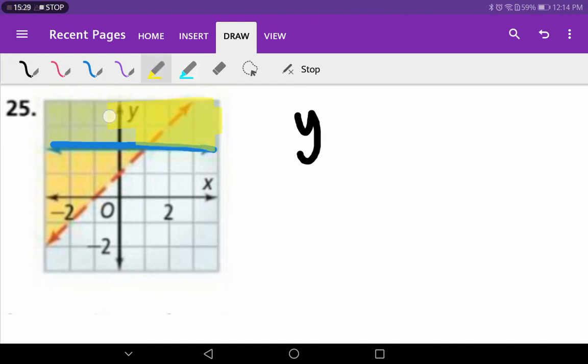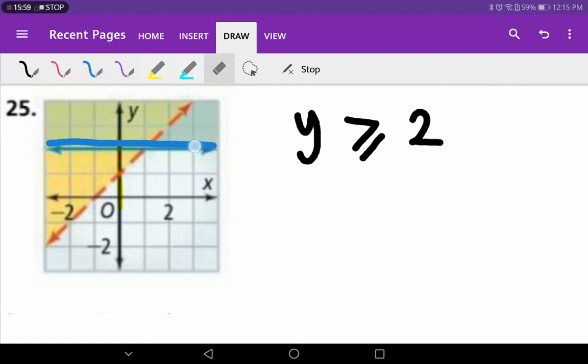Yes, it is shaded up. Colored up means greater. And because it is solid, there is an equal sign. And where it hits the y-axis, it is 1, 2. Let me make sure. So it is 2. So I am done with this.